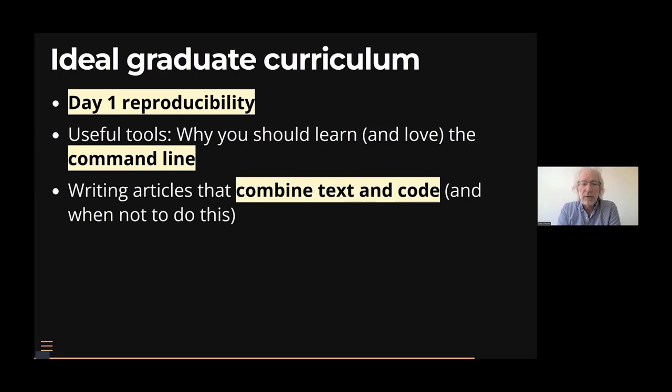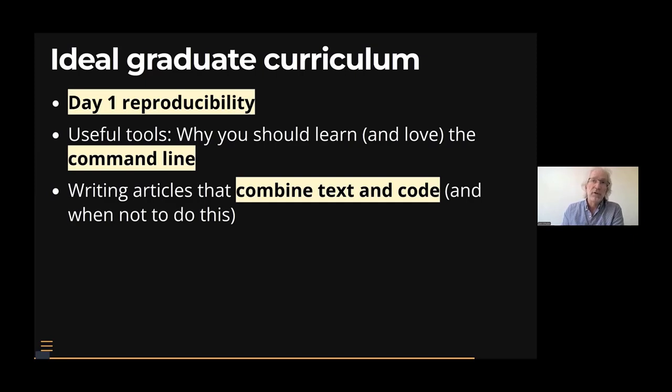I tend to talk about writing articles that combine text and code. Dynamic documents like R Markdown or Quarto or whatever the current flavor of the month is are very much in vogue. But there are also points or reasons why not to do this. What do you do when your code runs for 3 months? Then maybe that's not the way to do it.